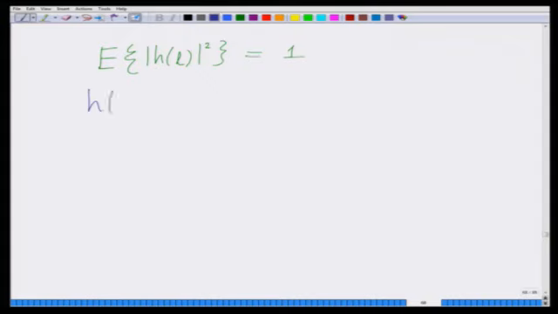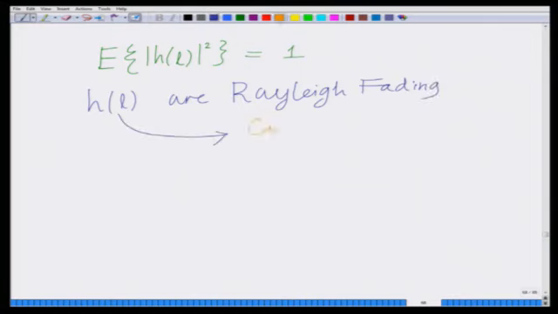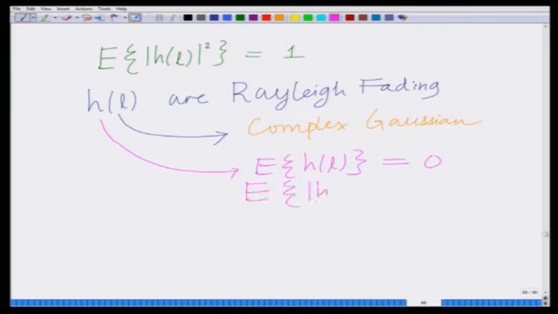So, what are we assuming? We are assuming the various h l are Rayleigh fading, which means each h l is complex Gaussian, the expected value of each h l is 0, and the expected value of each magnitude h l square is equal to 1, that is, average power 1.